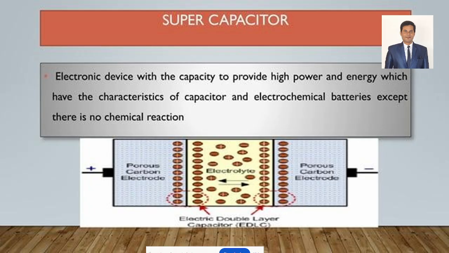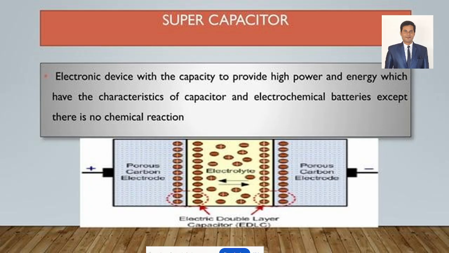That's why we prefer these electronic devices, for their capacity to provide high power and high densities. So that's why we look for ultra capacitors, especially in grids and power systems, with the characteristics of capacitors and electrochemical batteries, except there are no chemical reactions.